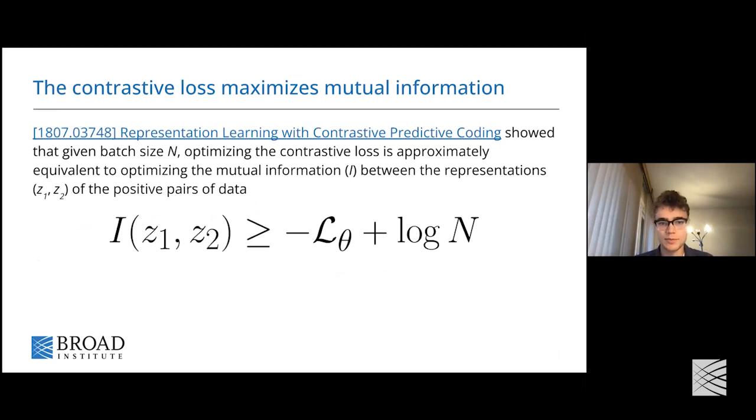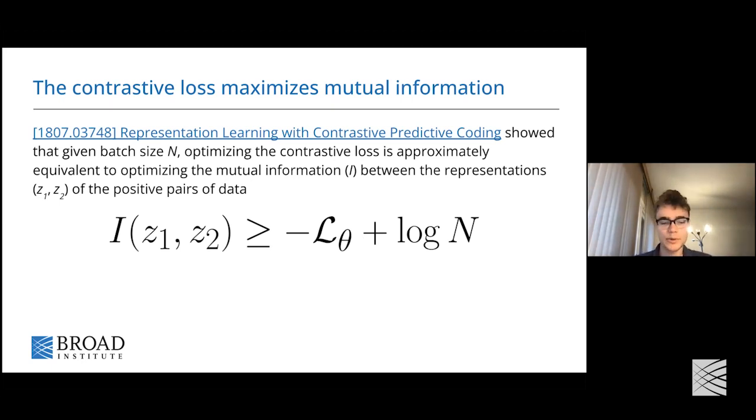So first off, there's this paper, Representation Learning with Contrastive Predictive Coding, which showed that for a given batch size n, optimizing the contrastive loss is optimizing the mutual information between the representations of data in the positive pairs. This term here, this negative L theta, is the negative loss overall of the neural network during training.